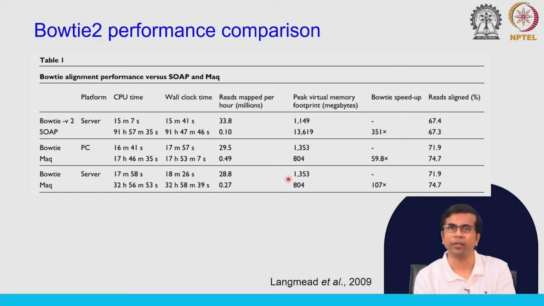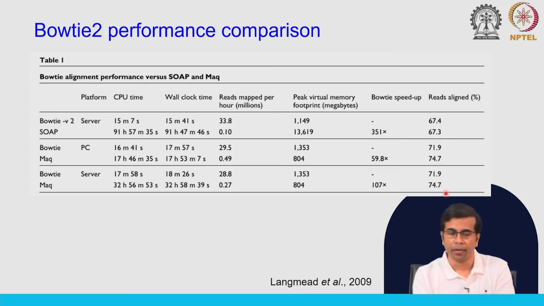Both of these are manageable. 800 MB and 1.4 GB is not too much of a difference, and you can run them on a desktop computer, whereas Bowtie excels in being much faster, utilizing slightly more RAM. Again, the performance was not all that different. Bowtie could map about 72% of reads, whereas Mac could map about 75% of reads.